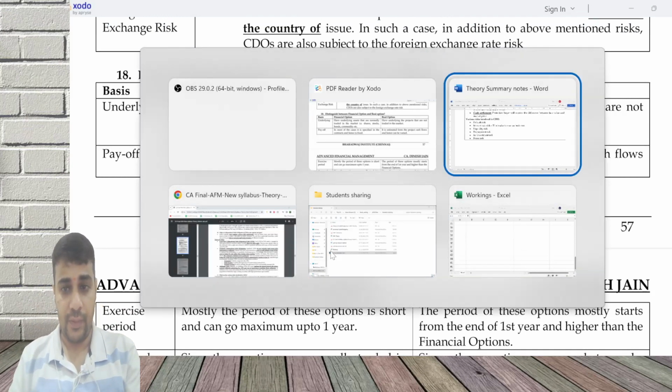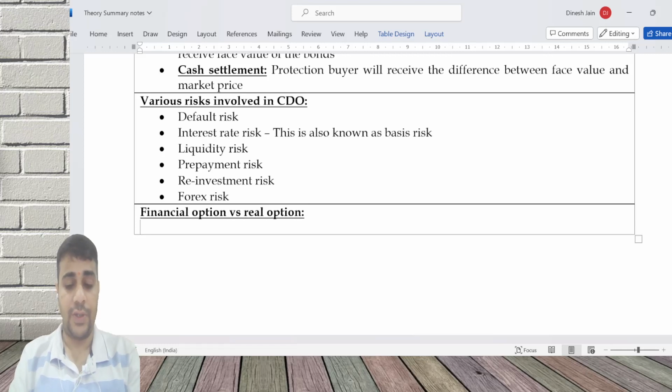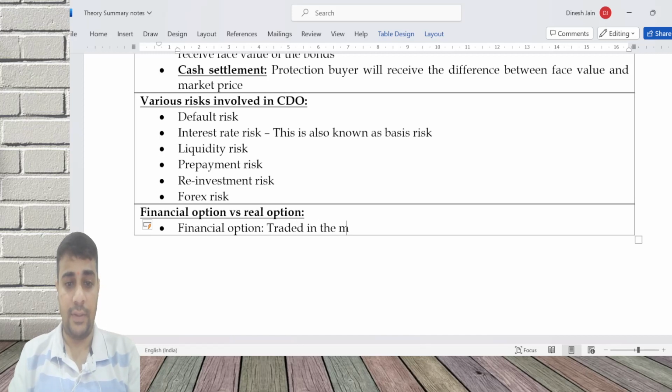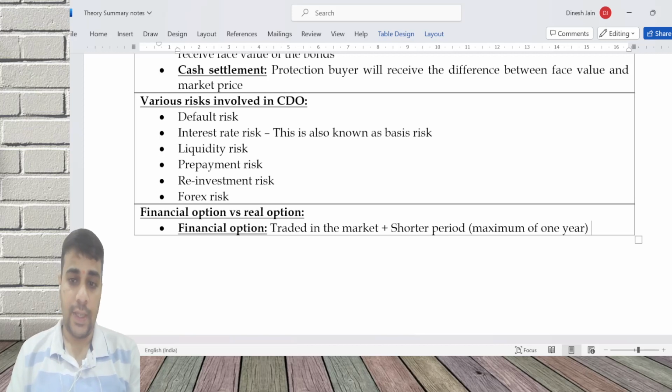Financial option versus real option. Financial option: traded in the market, shorter period, maximum of 1 year.